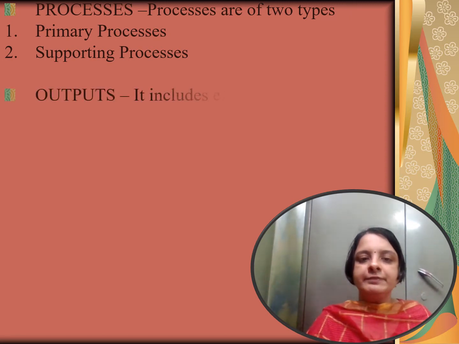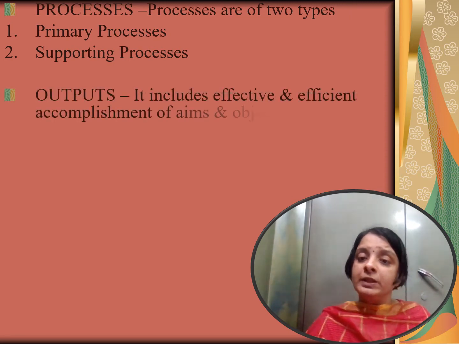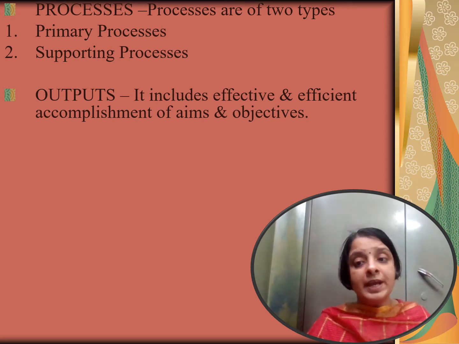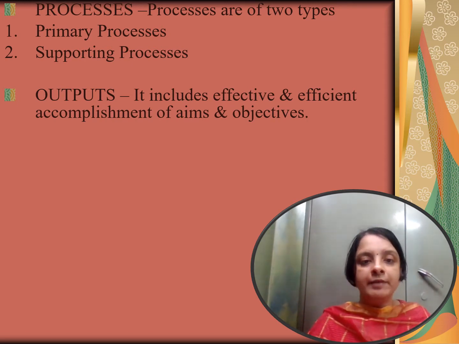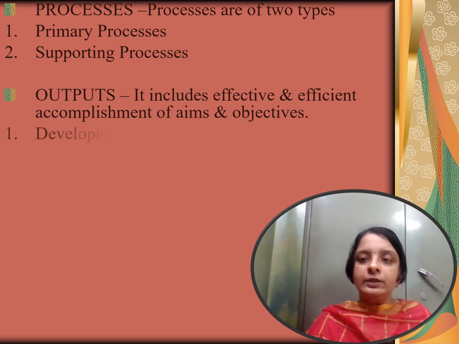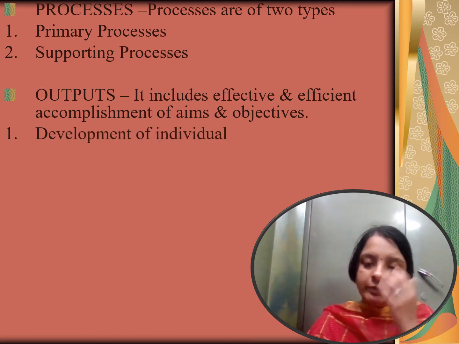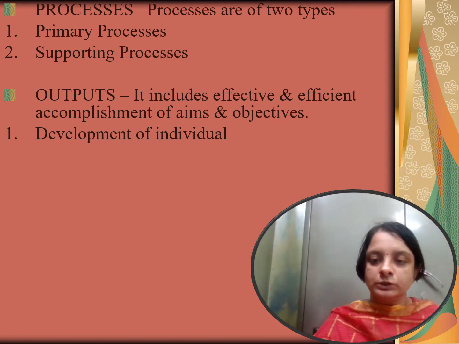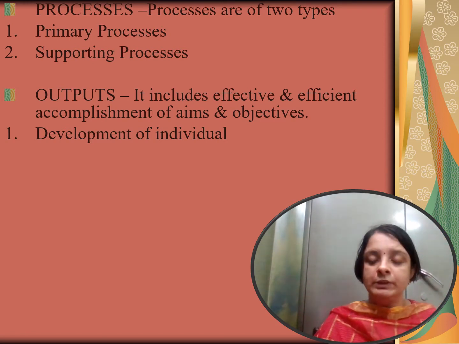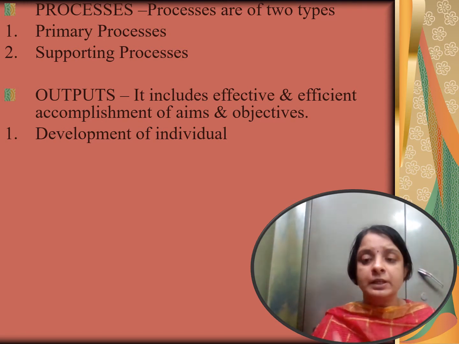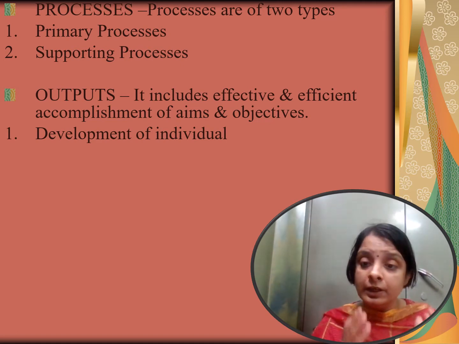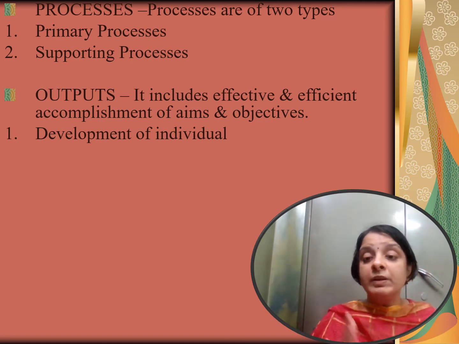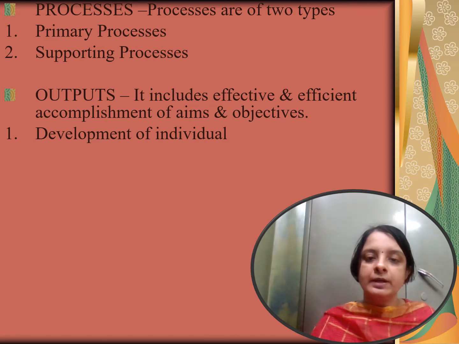After the process, we talk about the output. That will be the results which are coming out, whether we have achieved the aims and objectives which we have decided. So whenever we say output, in terms of an educational institution, that will be in development of the individual. Whenever there is individual development, there will be institutional development, right?